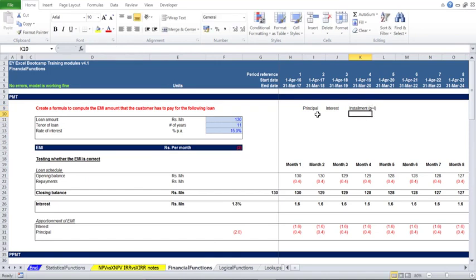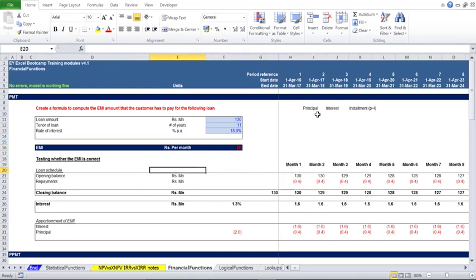With that understanding, let's look at the PMT function, which helps us calculate the EMI, the equated monthly installment, which is nothing but these installments. Instead of on an annual basis, they are on a monthly basis.